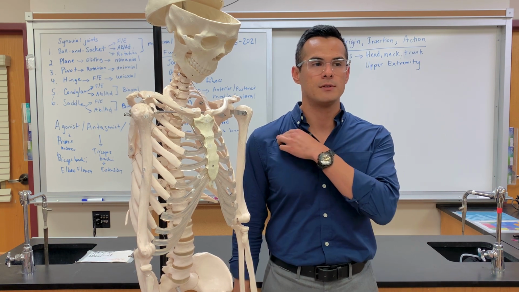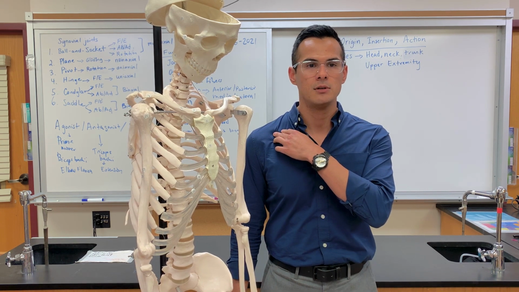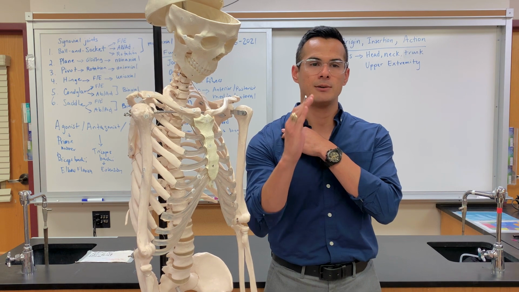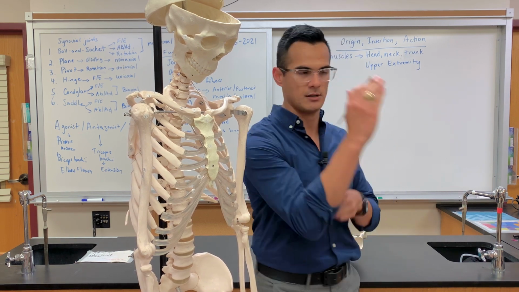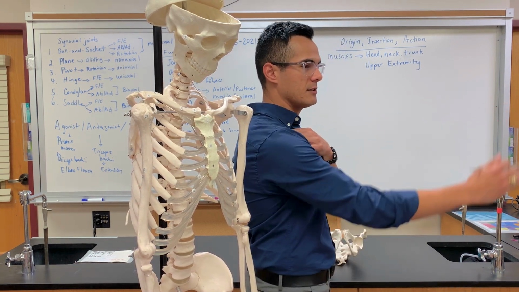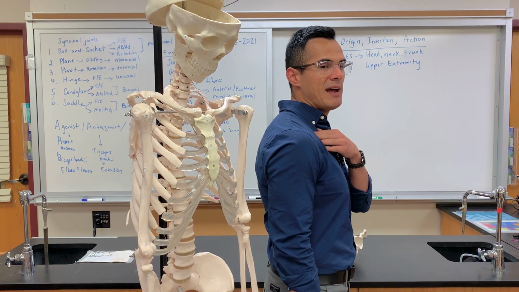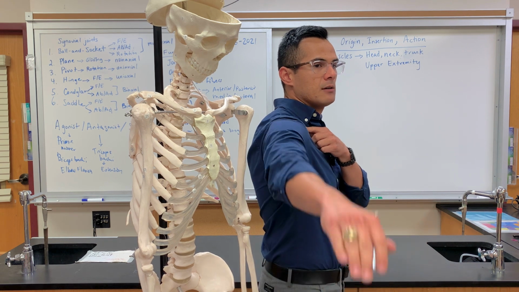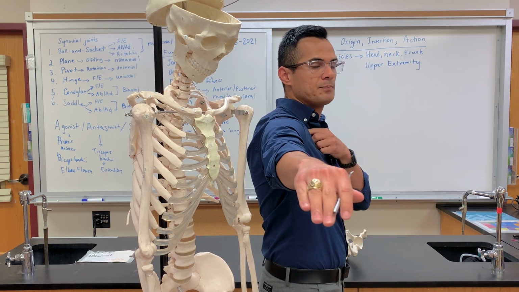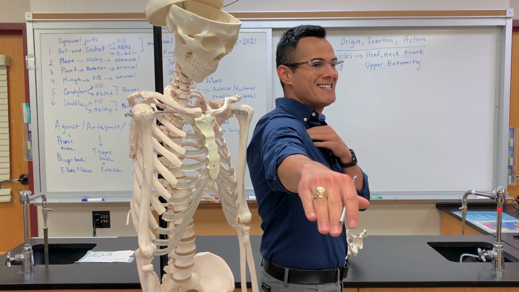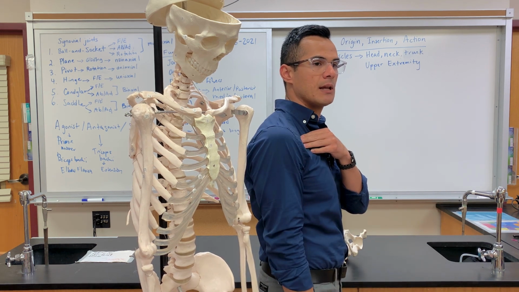If I move to the shoulder, this is shoulder flexion, going upwards this way. This is just the elbow, but this would be shoulder flexion, and this would be shoulder extension. They're opposite movements. Abduction for the shoulder is going away from midline, and adduction is towards midline.